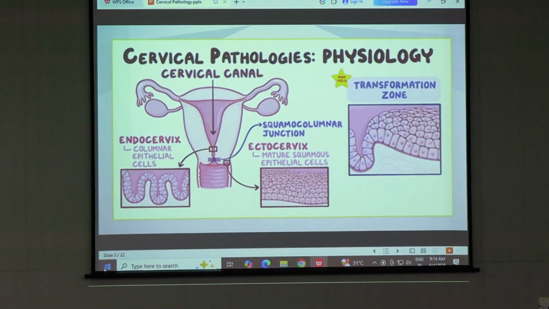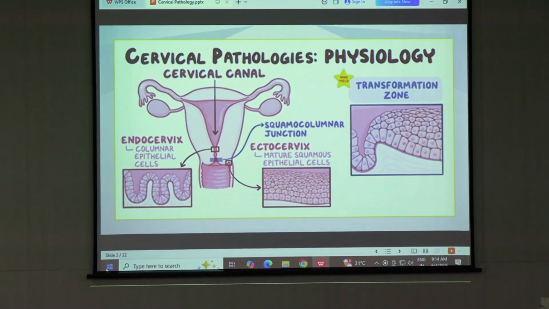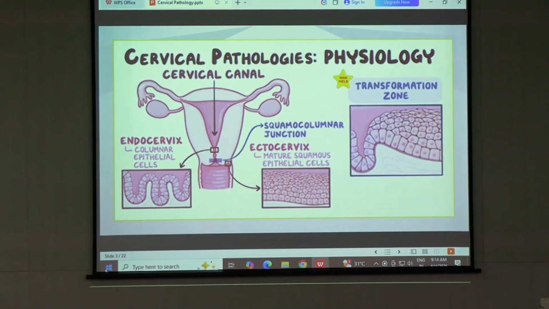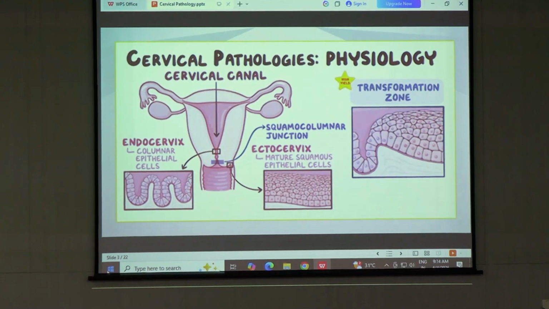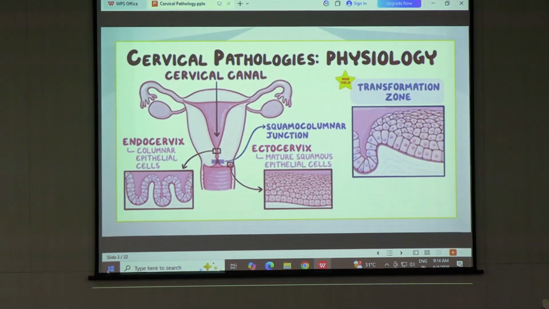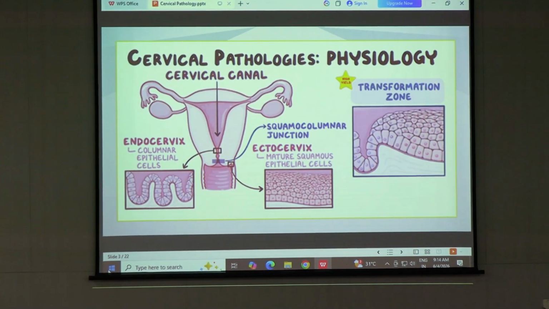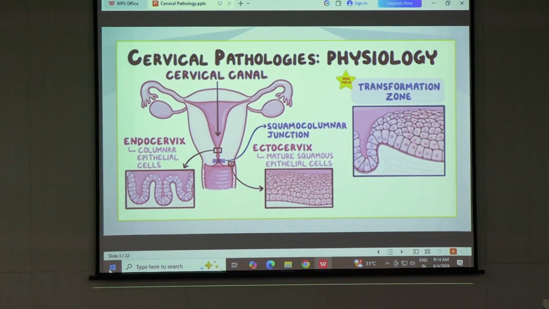But interestingly, there is a connection point between them which is known as the transformation zone or squamo-columnar junction. Squamo-columnar because from the outer side there is squamous epithelium, and on the inner side there is columnar epithelium.